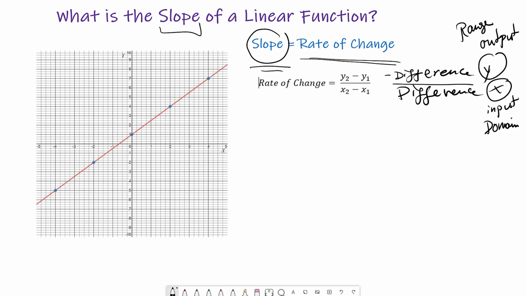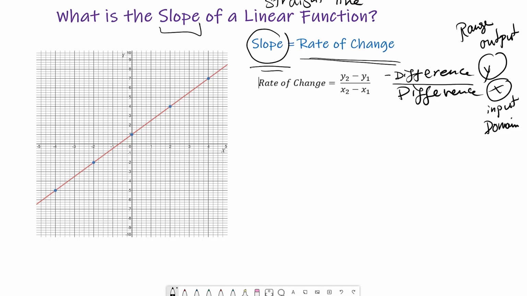When we look at the slope of a linear function, which is again a straight line, linear function means that when we draw the function, we will see a straight line. So when we look at this straight line here in red, I have emphasized a few points, and we'll use these to identify the slope.